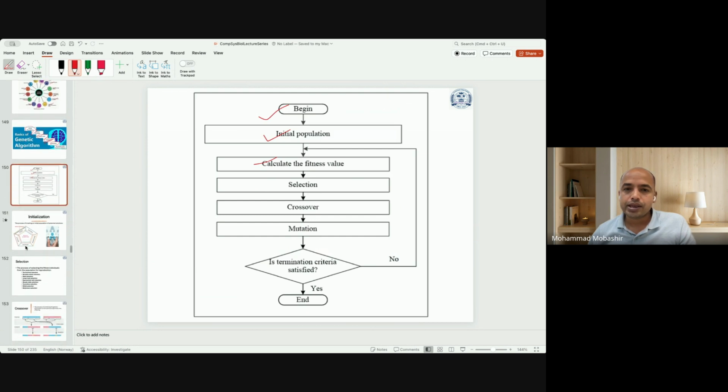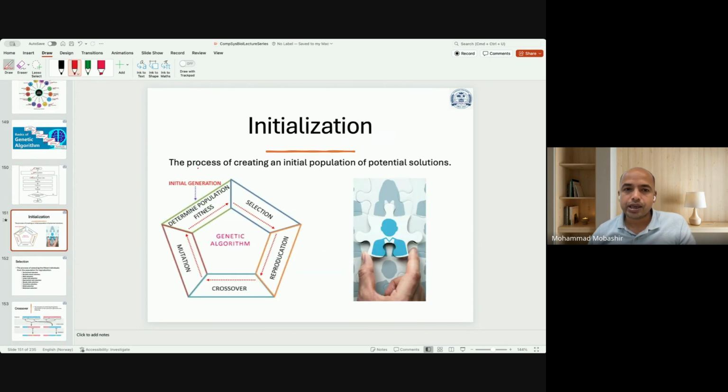Now I will be discussing each step one by one. For example, initialization. If we want to apply a genetic algorithm to a diseased system, then we could create a cell with a network of genes or proteins. And the network could be more than the minimum. For example, if there is one cell, we could apply it for more than one cell.